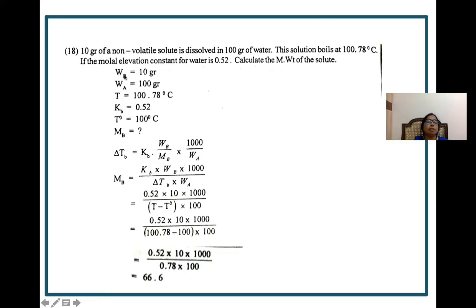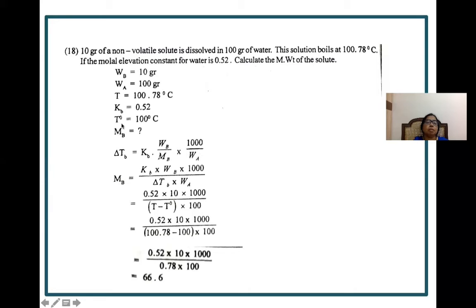So, weight of the solute is equal to 10 grams, given here. Weight of the solvent is 100 grams of water. Next, the boiling point of the solution is given, that is 100.78 degrees centigrade, and Kb, the molar elevation constant of water, is also given in the problem, that is 0.52.